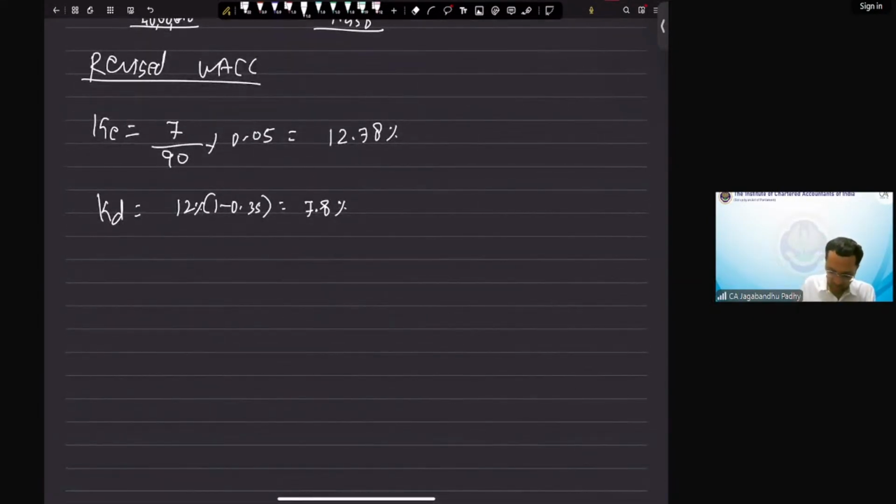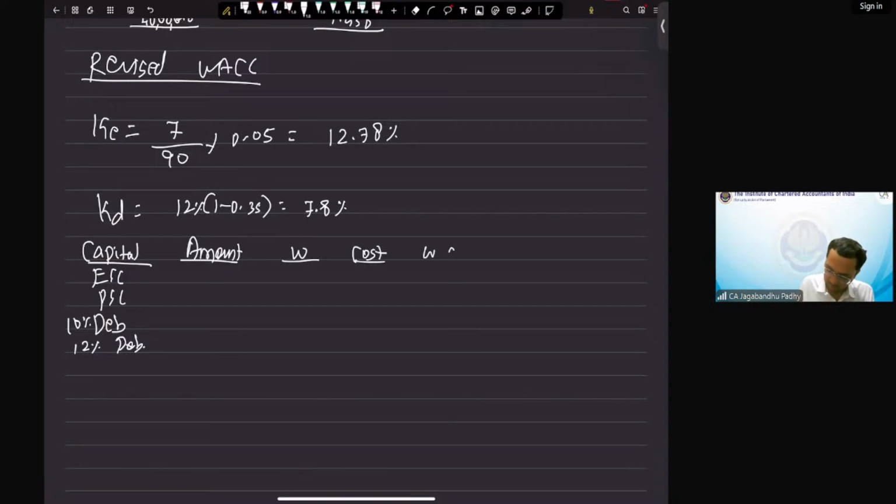So revised WACC, we can essentially get it by taking this as capital: equity share capital, preference share capital, debentures. And there are two sorts of debentures, one is 10%, another is 12% debentures. We have the amount, we have the weights, cost, and then weights into cost.